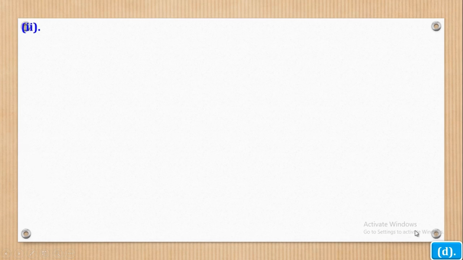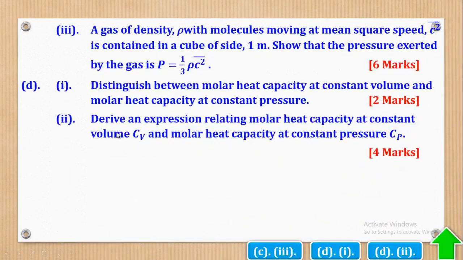So now we shall go to part D, Roman 2. So Roman 2 says, derive an expression relating molar heat capacity at constant volume Cv and molar heat capacity at constant pressure Cp.